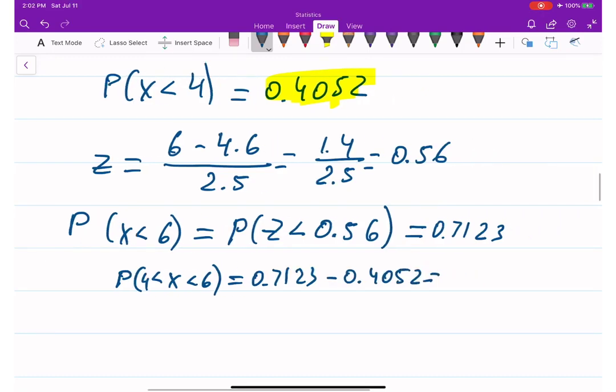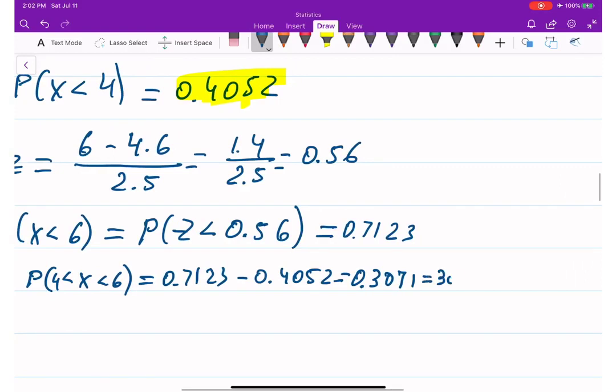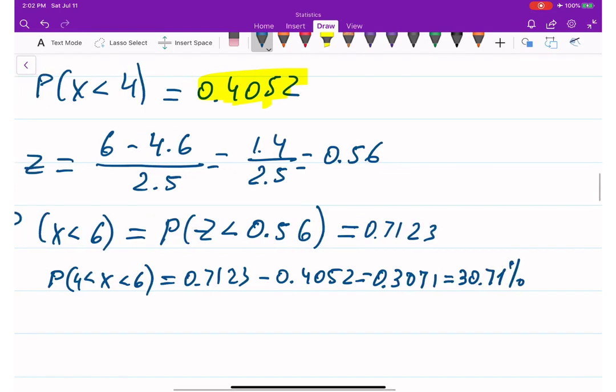That is equal, 3 minus 2 is 1, 12 minus 5 is 7, 7 minus 4 is 3, and we get 0.3071, which is going to be 30.71%. Okay? 0.3071. All right.